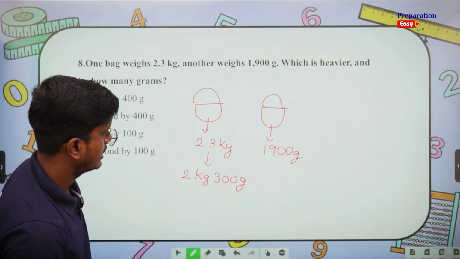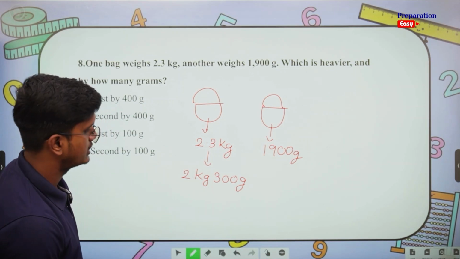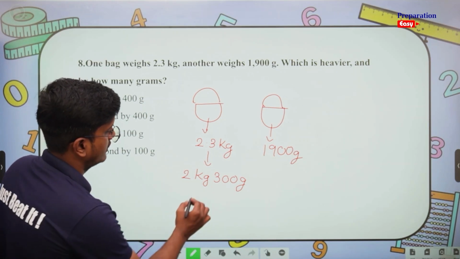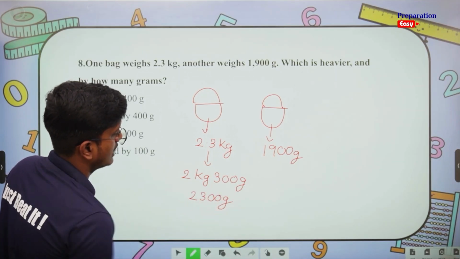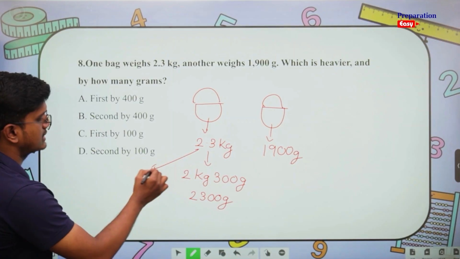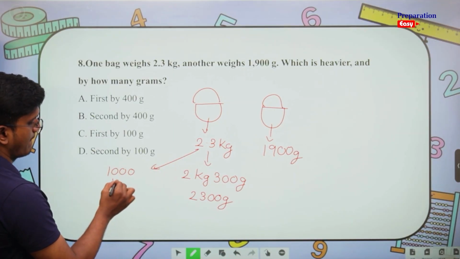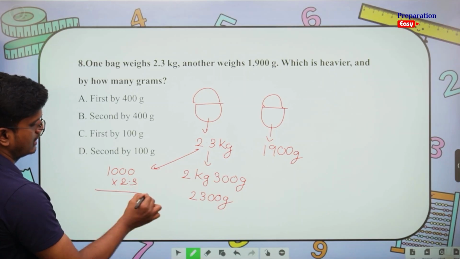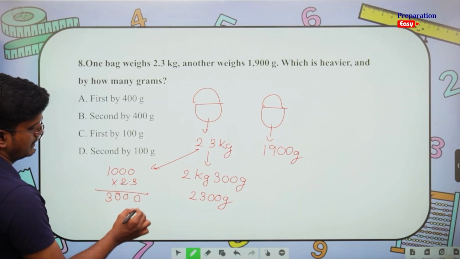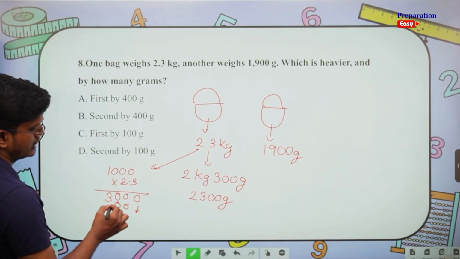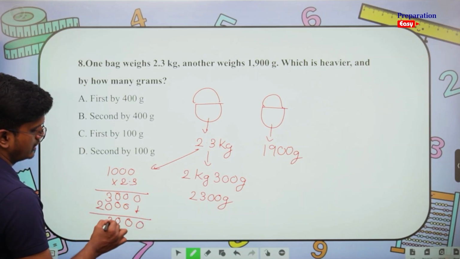We have to multiply 2.3 into 1000, so we will get 2300 grams. Let's do it. 3 zeros are 0, 3 zeros are 0, 3 zeros are 0. So 3 plus 2 zeros are 0, 2 zeros are 0, 2 zeros are 0, 2 ones are 2. So write it down: 0, 0, 3 and 2.